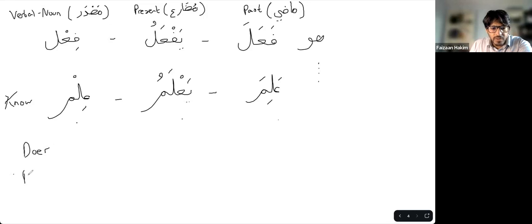And then there's the word for the thing done. The doer is the fa'il. I'll just put it here. The pattern is this. Fa'il. Remember, there's a ma'na and a mabna, a meaning and a structure. This is a structure in the Arabic language. Fa'il. The done is the maf'ul.